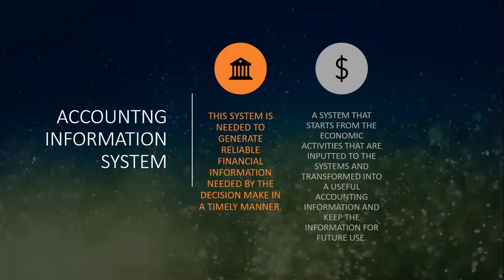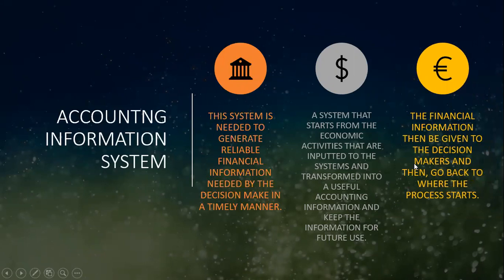So it is a process: from the analysis of different activities, it will be processed or transformed into different accounting reports, which will then be used for economic decisions. So this is the accounting information system.